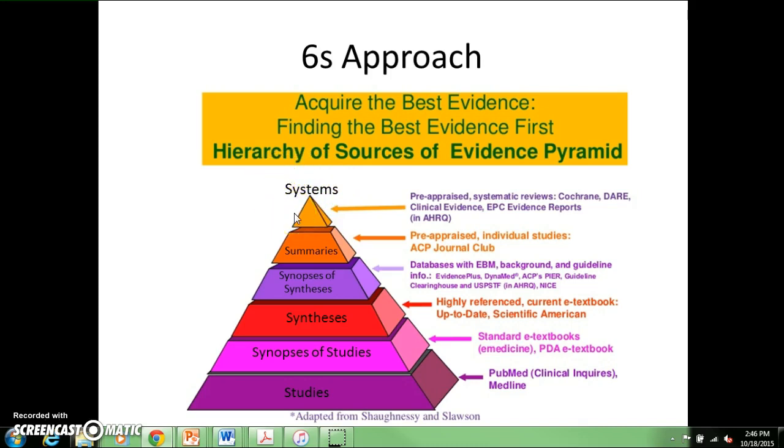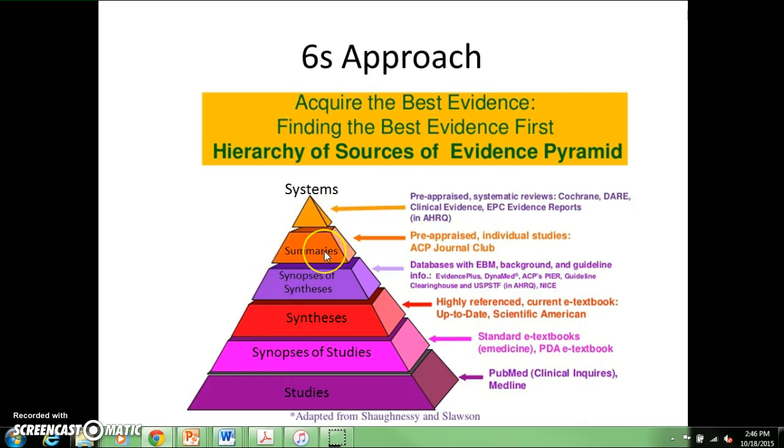You go to the doctor, you have, let's say, mononucleosis, and then the doctor gives you a printout on the signs and symptoms and the different types of treatment. That printout would be linked to the pathology or illness that they put into the system, and then they hand you that printout. So we're really going to be working with summaries and moving down the pyramid in the 6S approach.